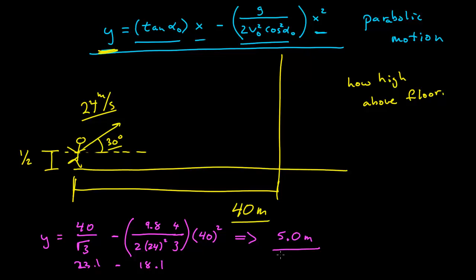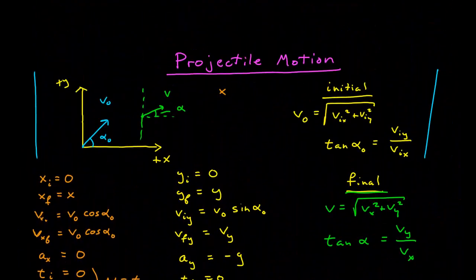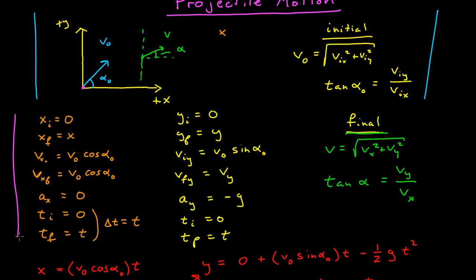No, it is not our answer. Remember, our equation for parabolic motion assumes that the launch point is at the origin of the coordinate system from which all of these things are referenced.